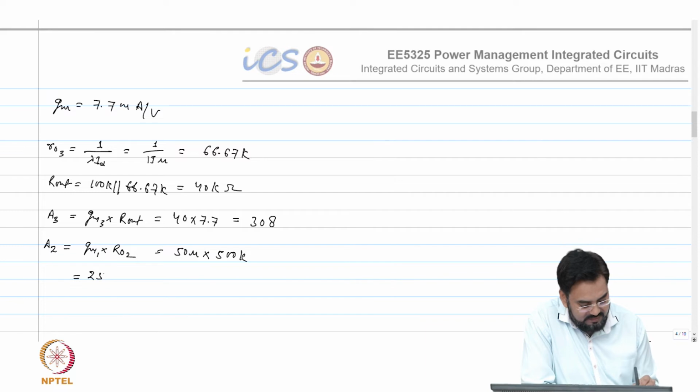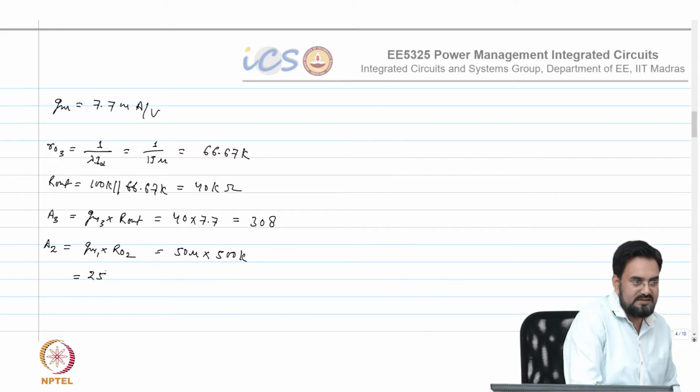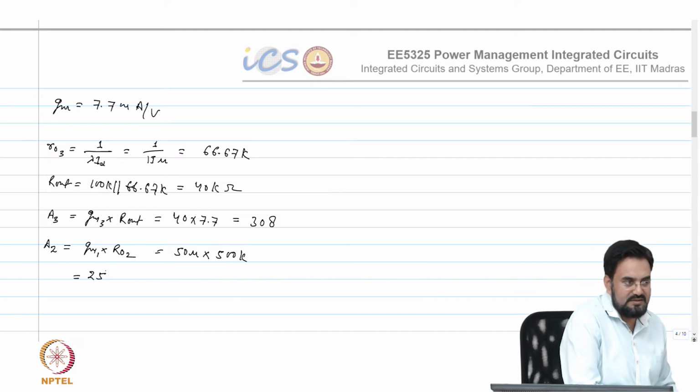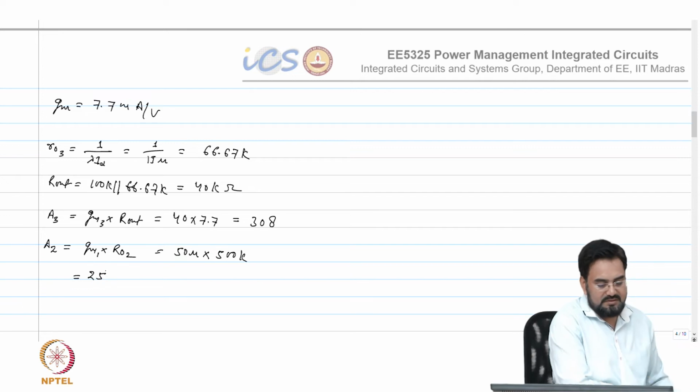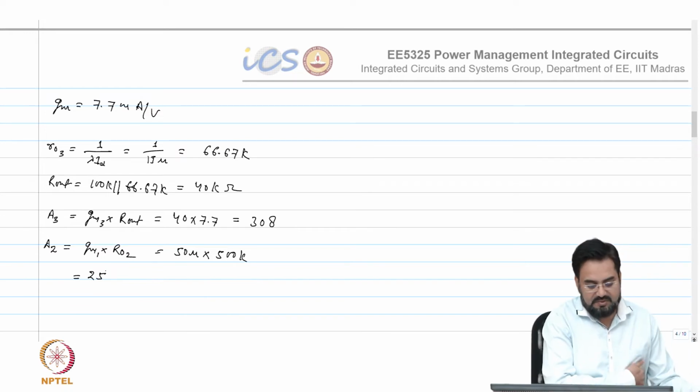25, huh? Yes. So first stage gain is low and output stage gain is higher because the device gm is very large and R out is also, I mean you can say it's a kilo ohm, so obviously it's not that small.